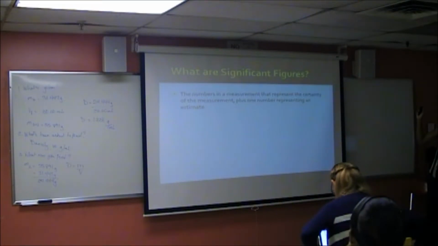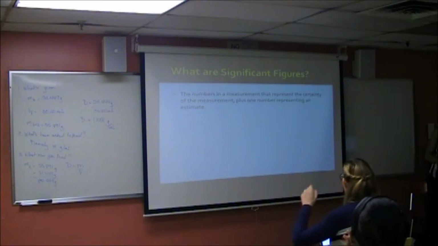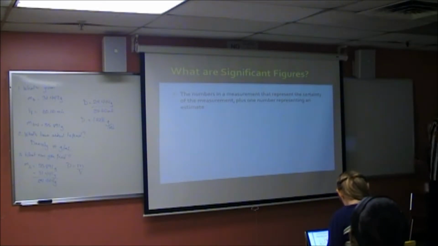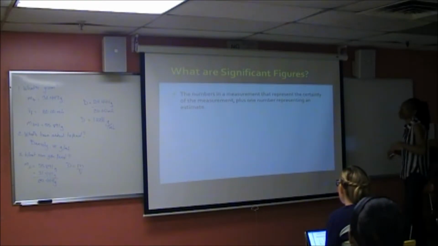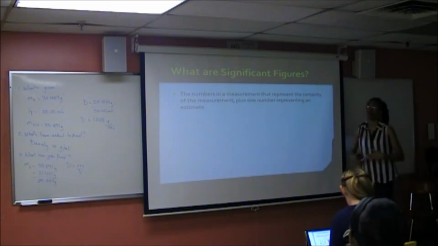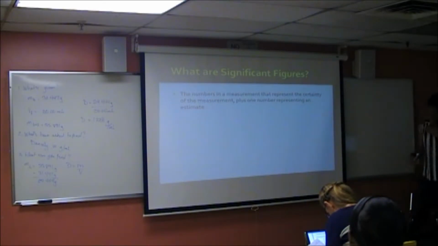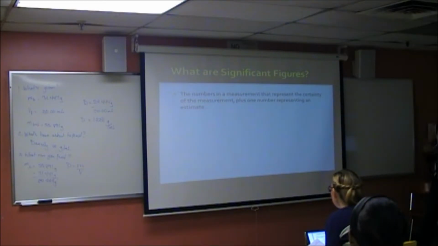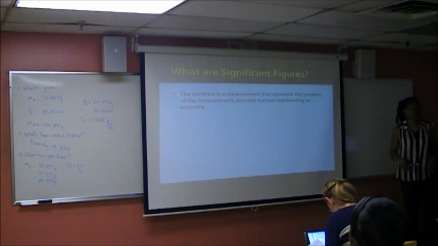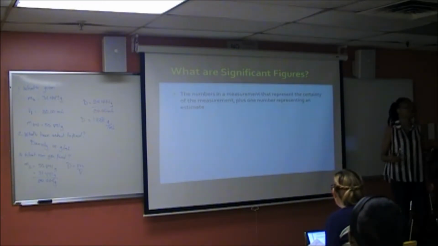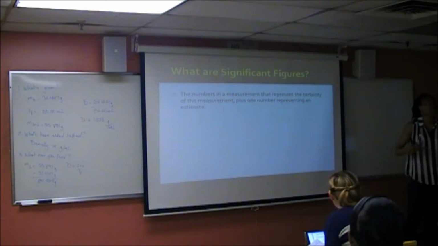All right. So now, significant figures. Significant figures is a way for us to measure the numbers. The numbers that you have for your volume or whatever kind of measurement you're doing, you have to look at significant figures. Which ones are most important?